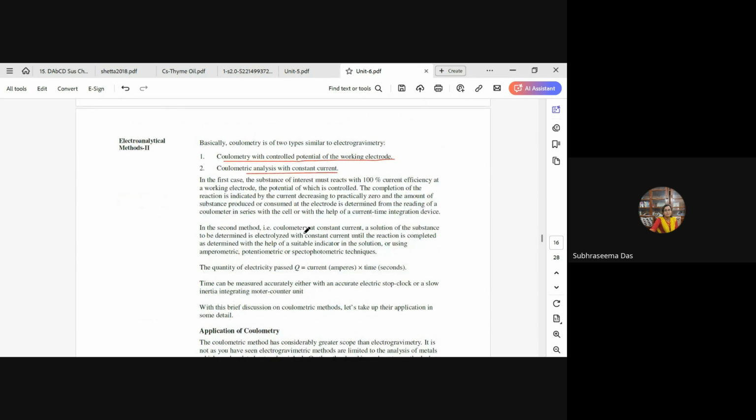In the second method, coulometry at constant current, the solution of the substance is electrolyzed with constant current until the reaction is completed, and then the quantity of electricity passed Q is given as I into t. The time is measured with a stop clock, and the current can be measured through an ammeter.